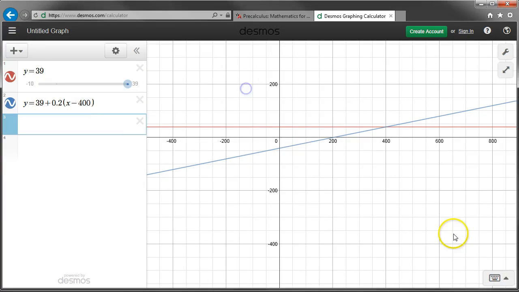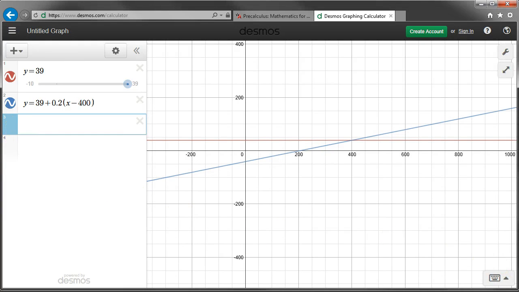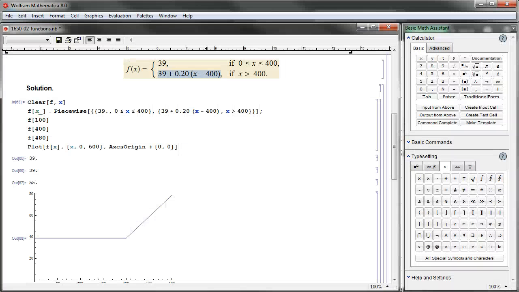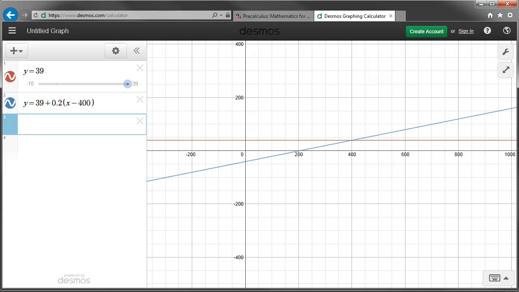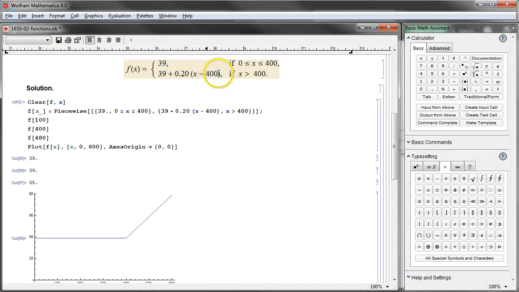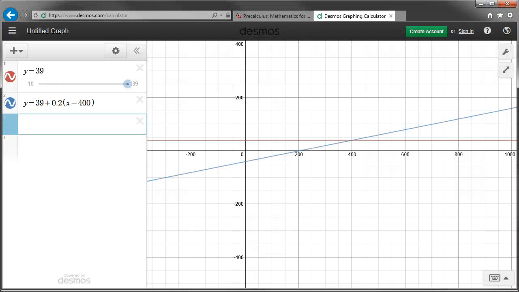Okay, here's the graph. If I put those two, and then here you can use your brain. When x is less than or equal to 400, we have a horizontal line, the red line segment here, and then for x greater than 400, this tilted line over here, which I highlighted, the blue tilted line.